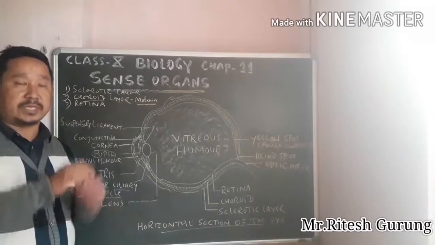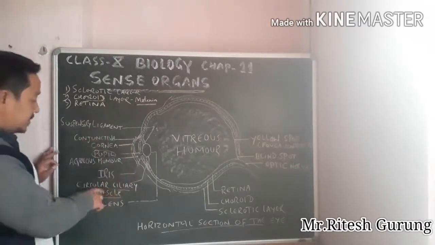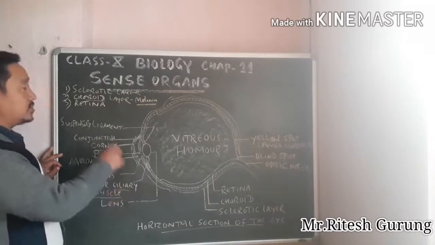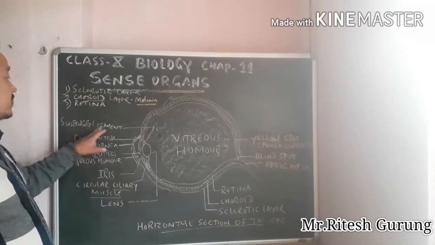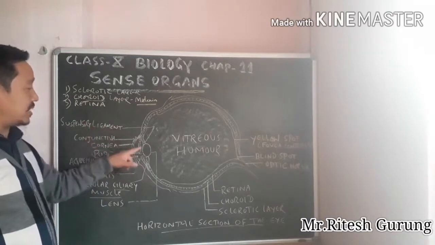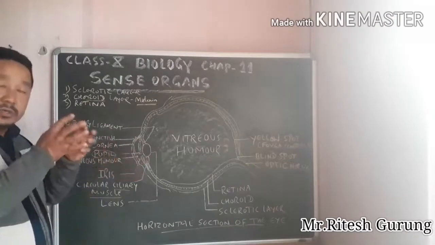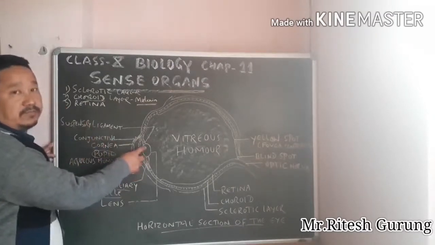Then this ciliary body also contains a kind of ligament, called the suspensory ligament. From both sides, this suspensory ligament holds the lens in position.